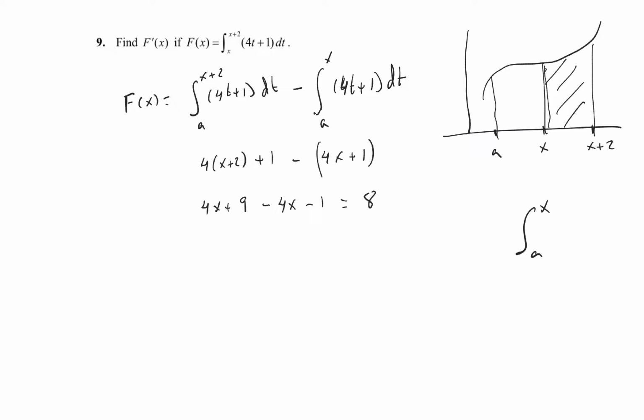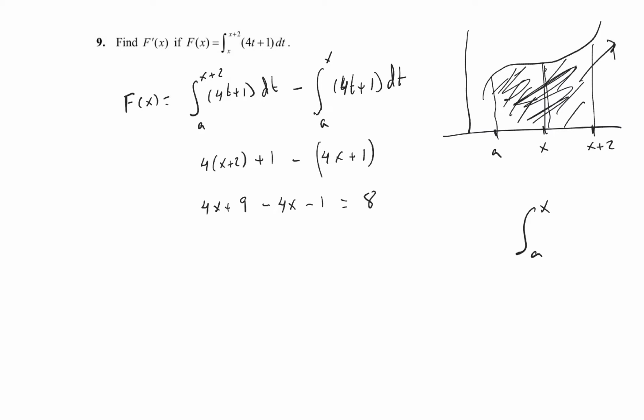The area between a and x is this one. The area between a and x plus 2 is all the area. And if I subtract the area from a to x, I will have the area between x and x plus 2.